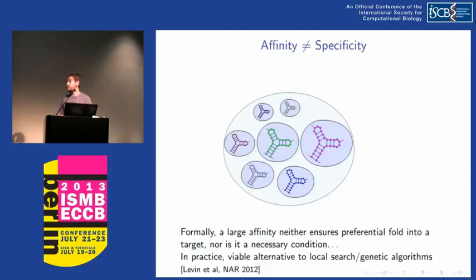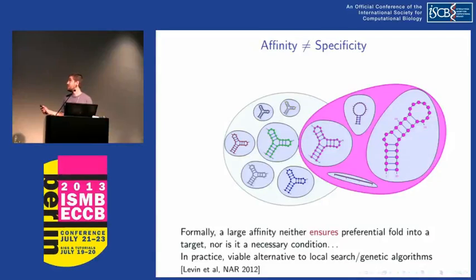And if we look in particular at this big sequence, maybe it's just that it has a really low energy. And when we look this time at the Boltzmann set of structures for this specific sequence, although the sequence has a high affinity compared to other sequences for the target structure, you can see other structures which by themselves are really different and have a better weight in the structure set.